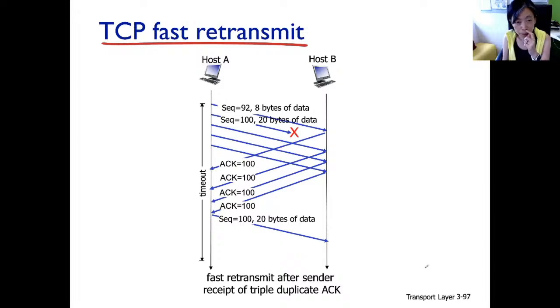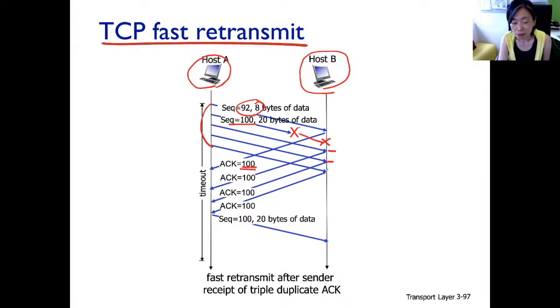This example illustrates triple duplicate ACKs. Host A here is the data sender, host B here is the receiver. The window size warrants that we send 5 packets in one train. Let's say packet number 2, sequence number 100, is lost. The first packet generates an ACK for sequence number 100. But the lost one is not going to generate anything.